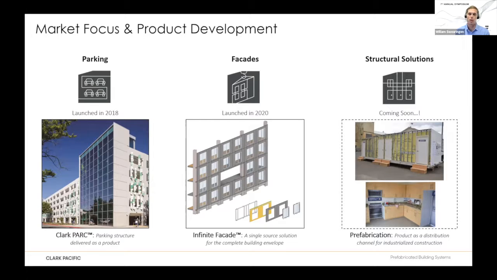And we've created product sets within each of those business units to deliver to the market. The first one is Clark Park, which we launched in 2018, which we say is a parking structure delivered as a product. For facades, we launched the Infinite Facade this summer, and then we're working on what's next for Clark Pacific through further prefabrication in our structural solutions business group.